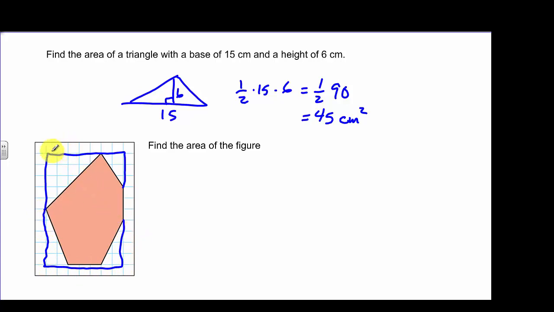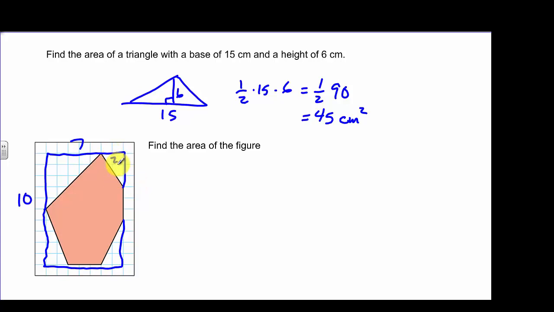So in this rectangle, I have 1, 2, 3, 4, 5, 6, 7 units on one dimension, and 1, 2, 3, 4, 5, 6, 7, 8, 9, 10 units in this other direction. In these triangles, notice what I have.